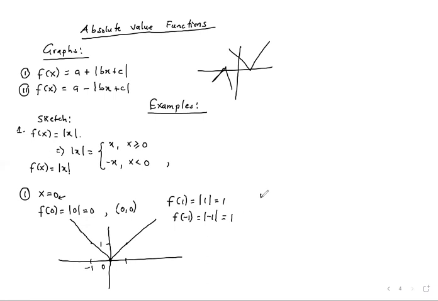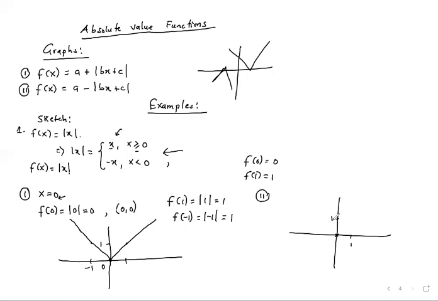Or second method, use these functions. For x greater or equal to 0, you are using the top function. Meaning when x is 0, you substitute in the top function, which includes 0 here. So you get 0, so you have 0, 0. When x is 1, bigger than 0, you use the same function on top. F of 1 is x, meaning it is 1.